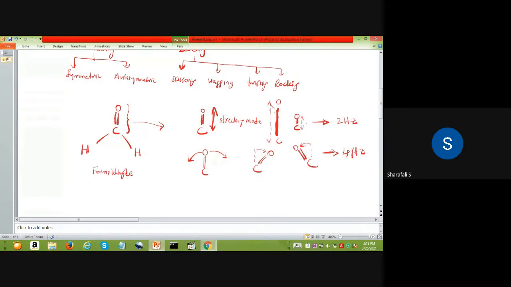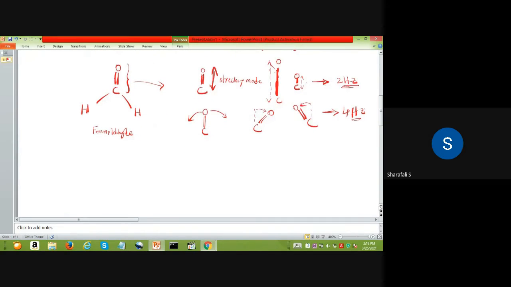This is not the actual values. I'm just giving you some example, okay, for easy understanding. These are not the exact values. It will have very high frequencies, not 2 hertz or 4 hertz. This is just an example. I will take it as 2 hertz here and 4 hertz of vibrational frequencies.